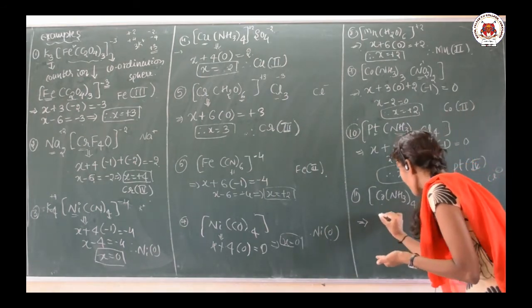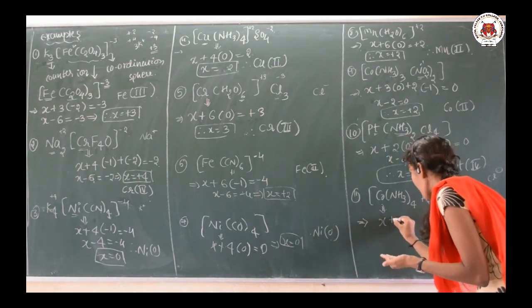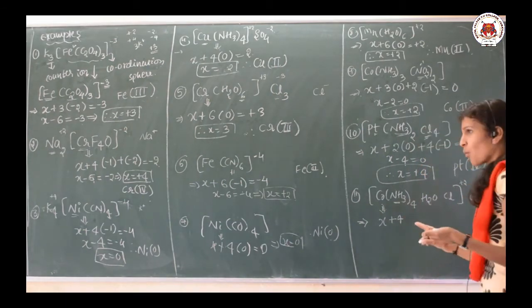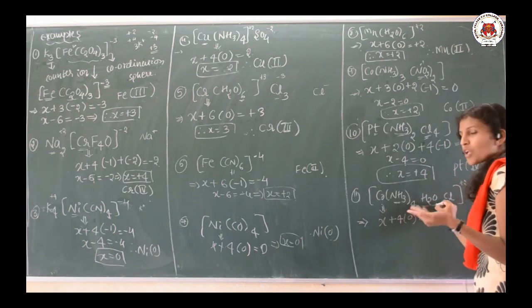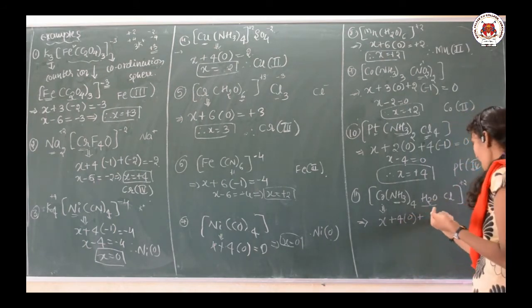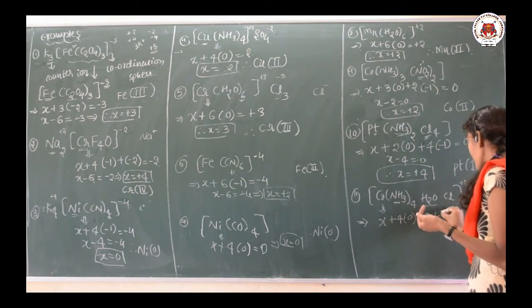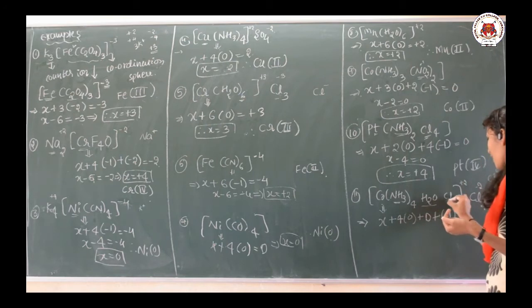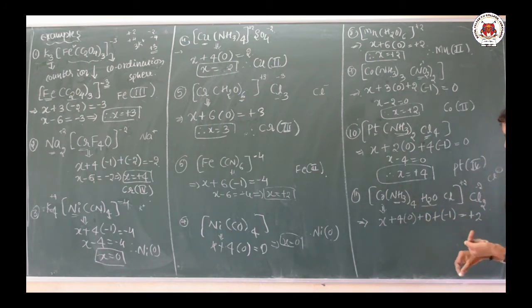Now, the cobalt oxidation state I need to find out. Take it as x plus 4 into 0, because amine is neutral. Its charge is 0. Only one water is there, that will be neutral, 0. Then only one Cl is there, that is -1, which is equivalent to +2.